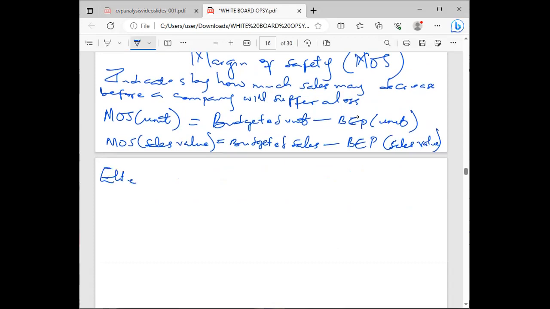Let's say Airlight Limited's product has the following costs and selling price structure.